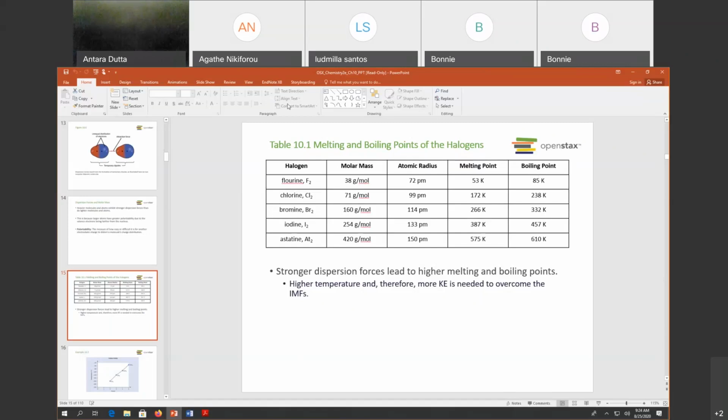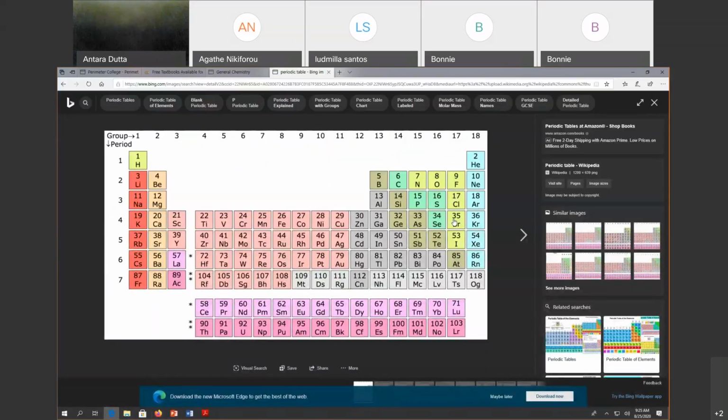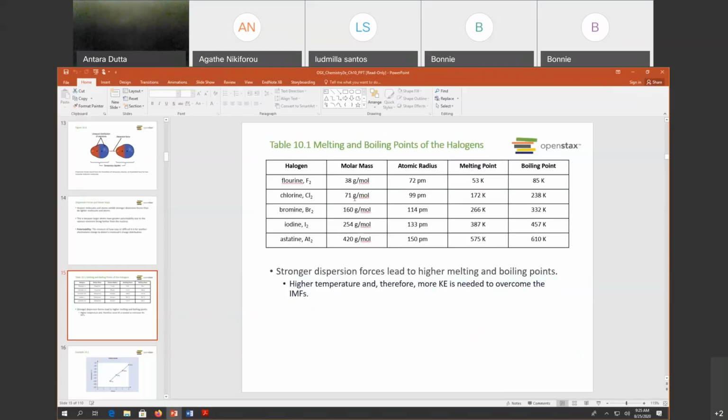F2, Cl2, Br2, I2, astatine, these are all halogen molecules, and they get larger and larger as you go down the group, like I just showed you on the periodic table. If you go down the group, you get bigger molecules, and that means higher molar mass. That means a higher degree of London dispersion force. That means your melting point and boiling point should increase.